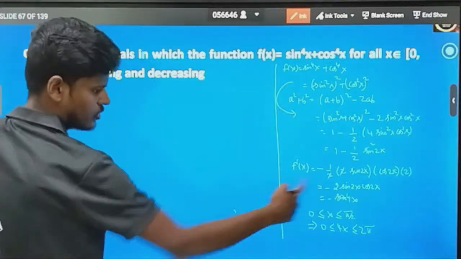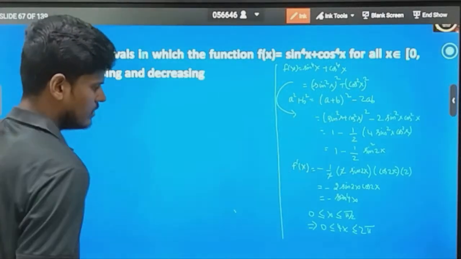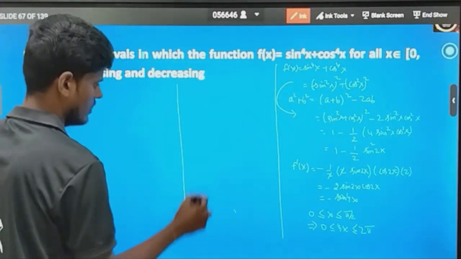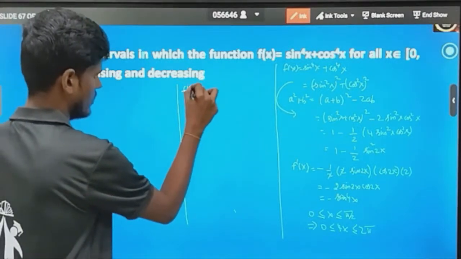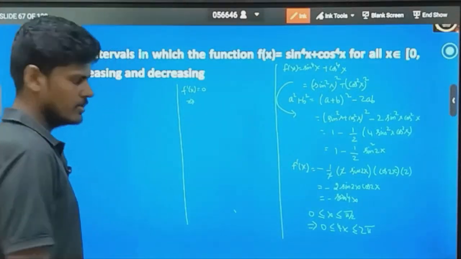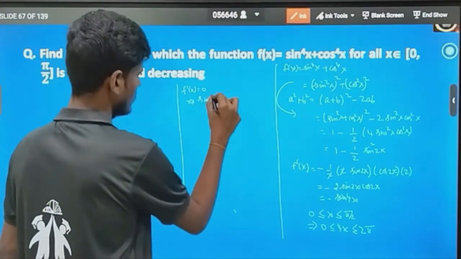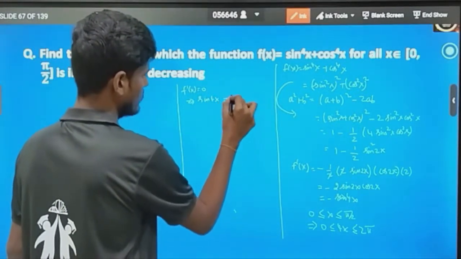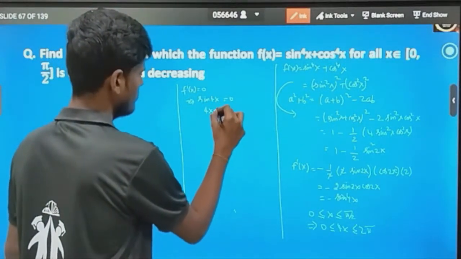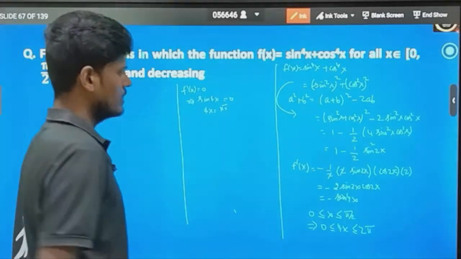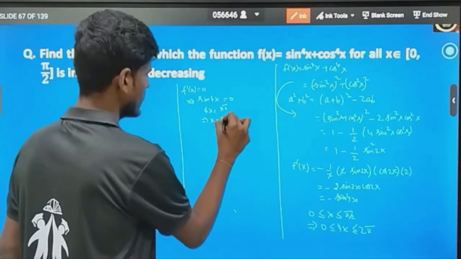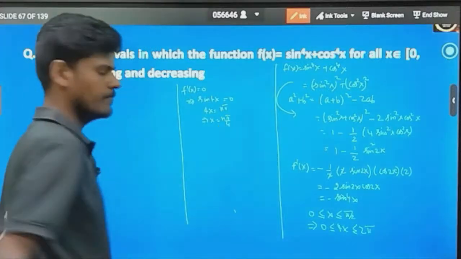Between 0 to 2 pi, when f dash of x will become 0? f dash of x equal to 0 means sin 4x should be 0, which means 4x will be n pi. Sin 4x equal to sin n pi, which means x is equal to n times pi by 4.